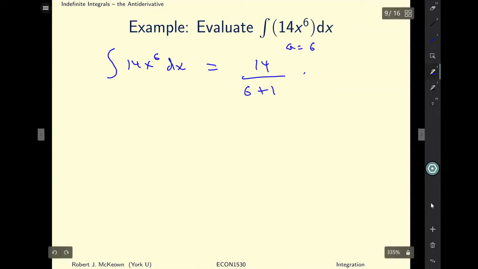Then I've got x to the power of a plus 1, which is x to the 7. That gives me 14 over 7, x to the 7, which is equal to 2x to the power of 7.